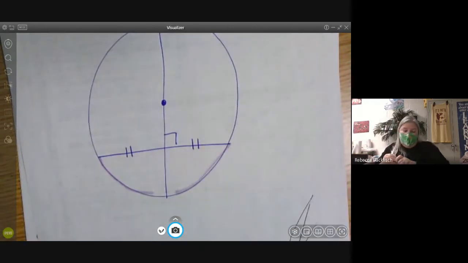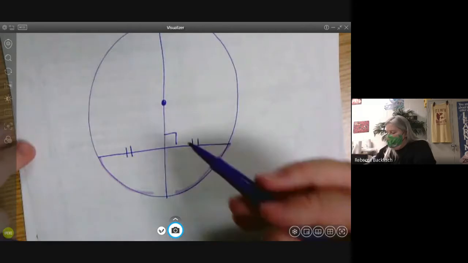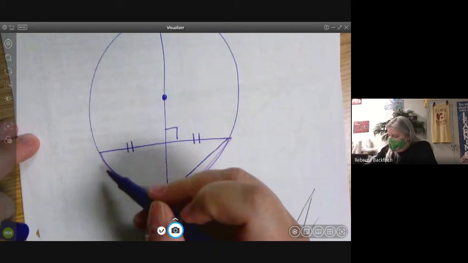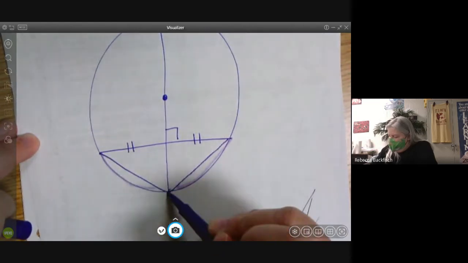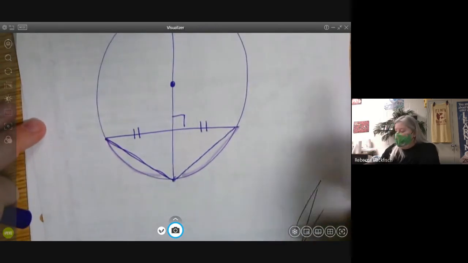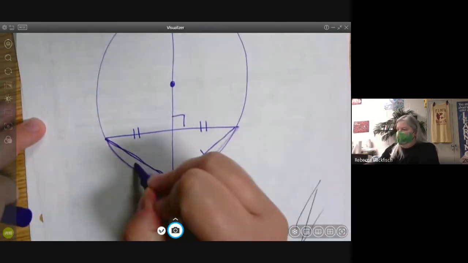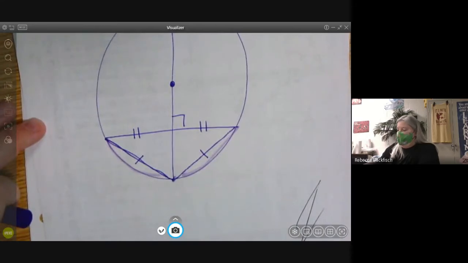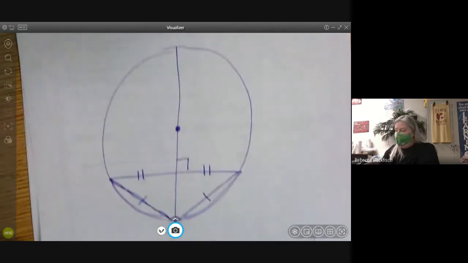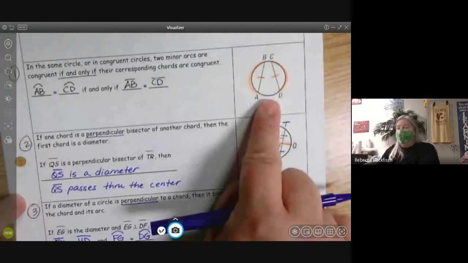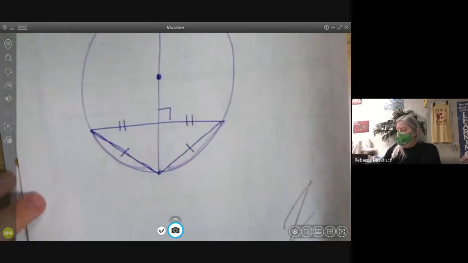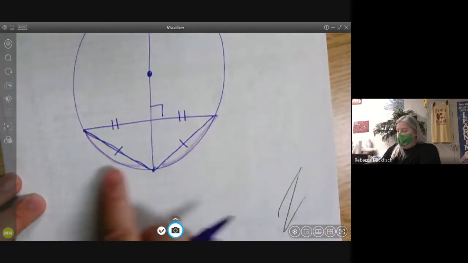The reason that's always true is because we can connect this to both of those and use either the Pythagorean theorem or congruent triangles to show that these would have to be the same. If these two are the same, these two will be the same. And if those two are the same, that takes us back to the very first property here. If you have congruent chords, chopping off two arcs, then those two arcs must be congruent as well.